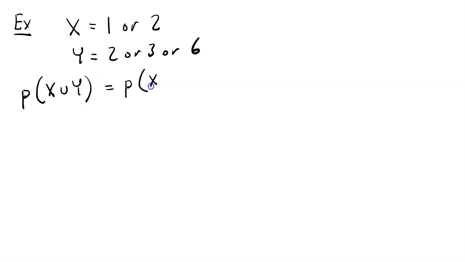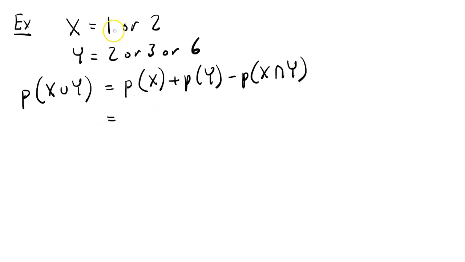Then again, this addition rule gives us this. The probability for x to happen, 1 or 2, that's just 1/3. That's just what we saw. So this is just 1/3.